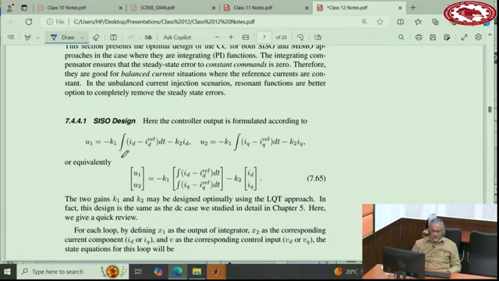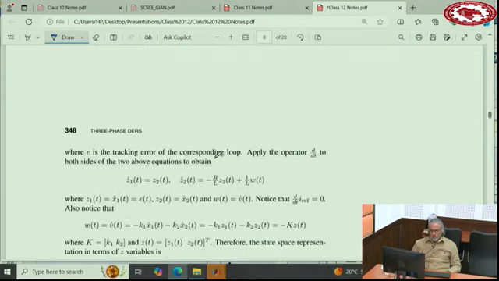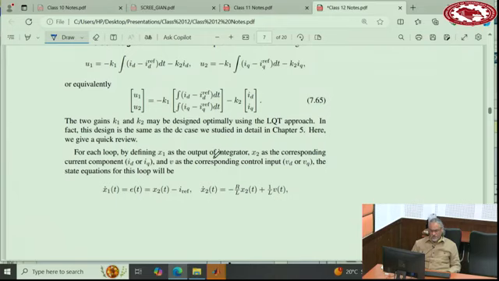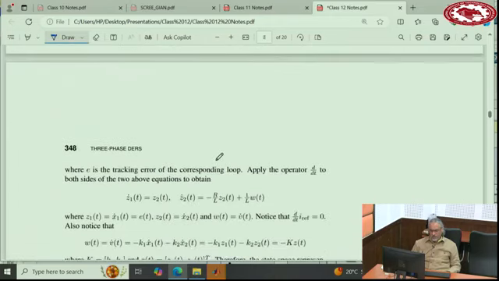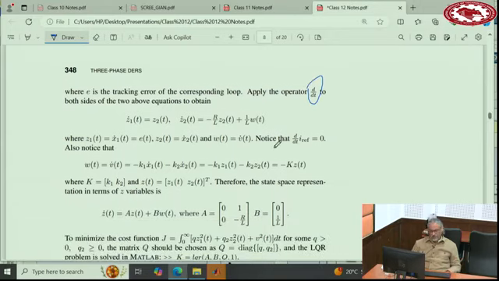This is basically the same LQT for K1 and K2. I wrote down the equations this time rather than showing the diagram. Doesn't matter. And then you write down the equations, you apply the operator d over dt. This is exactly the same thing we did in the chapter about DC-DC converters. And then you come up with a 2 by 2 matrix, very simple.